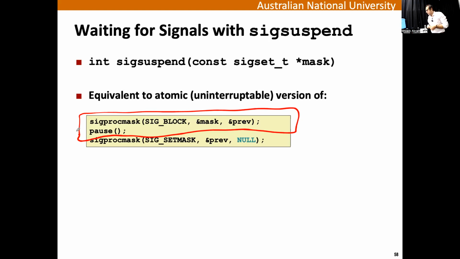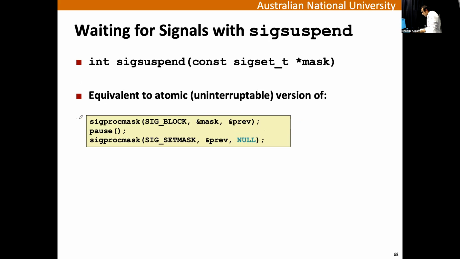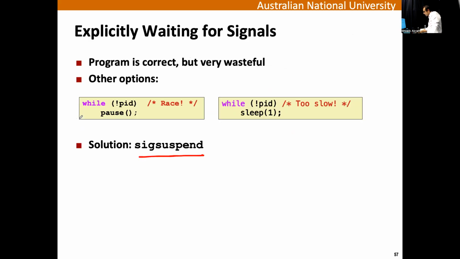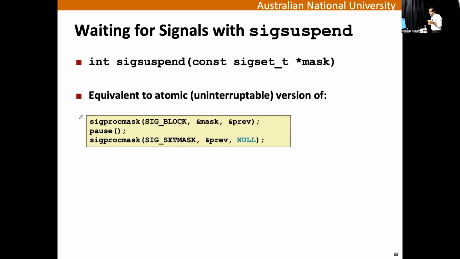And this eliminates the potential race. This eliminates the potential race if these two statements are not atomic.